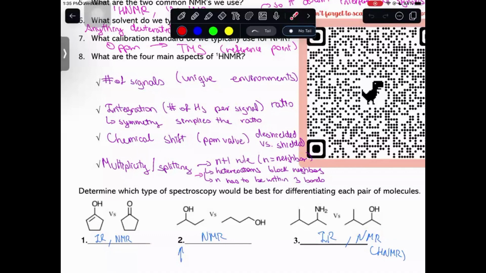Now for CNMR, what are the aspects of CNMR? Are they the same exact? I have integration, number of signals, chemical shift, multiplicity. You are not going to see multiplicity with CNMR. What else?